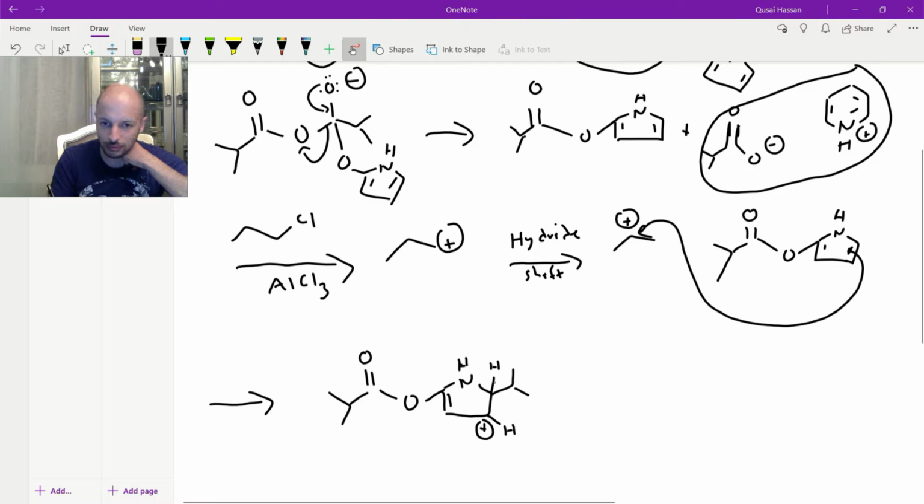So what's going to happen is a base, we could say a generic base in this case, doesn't have to be negatively charged, is going to basically pick up this proton. The electrons in the bond between the proton and the carbon are going to come down to reform the aromatic system, and you are going to end up with something like this.